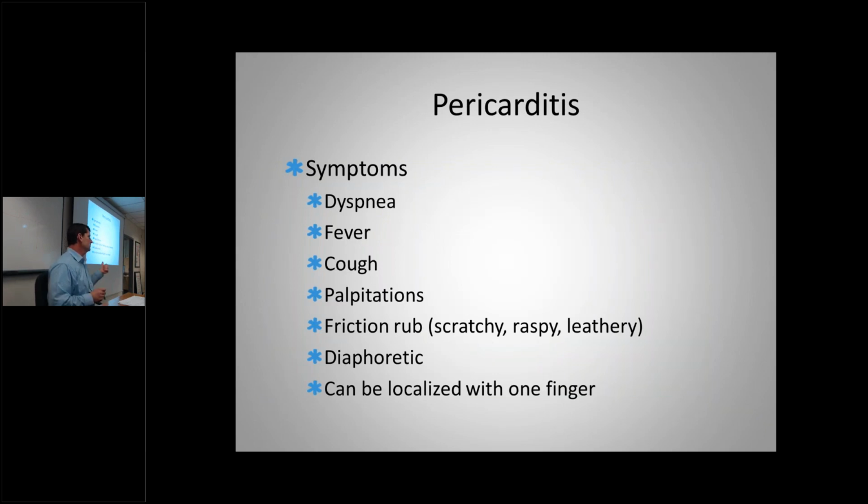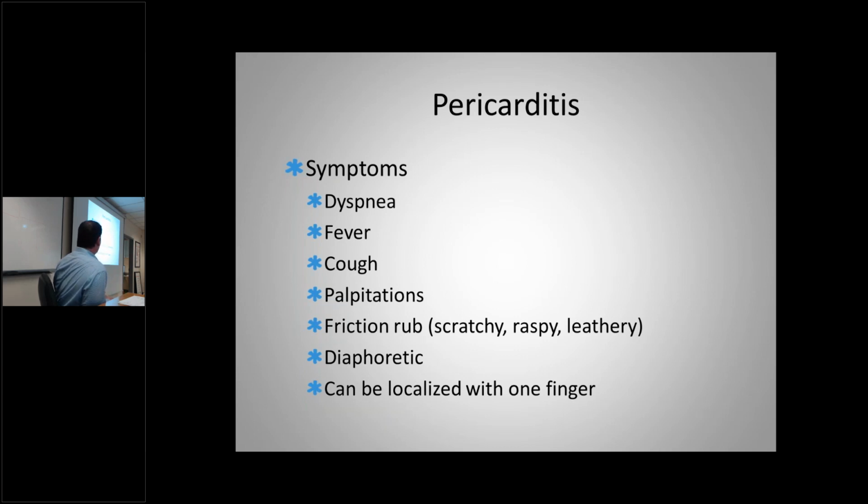Symptoms: difficulty breathing, shortness of breath, fever, cough, palpitations. You can have almost like a pleural rub with it. They can be diaphoretic, and they usually point to it with one finger. Are those the same symptoms as an MI? They can be, absolutely.